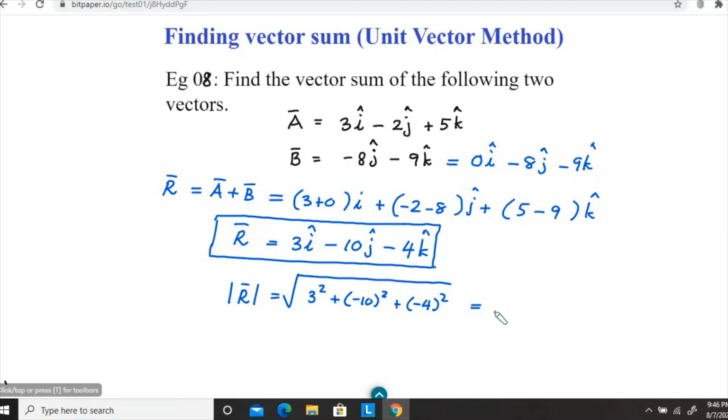You would finally get the answer here: square root of 3 squared is 9, 4 squared is 16, and this would be 100 over here. So you will get 125, and the answer here would be 11.2 up to 3 sig figs. So that's how you do this problem.